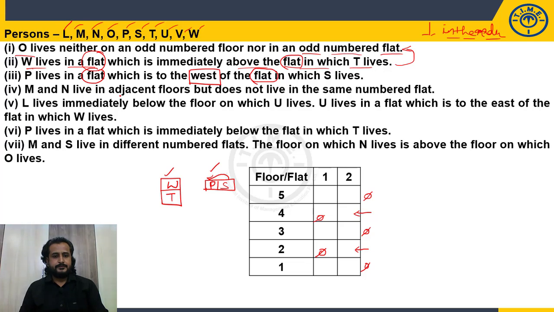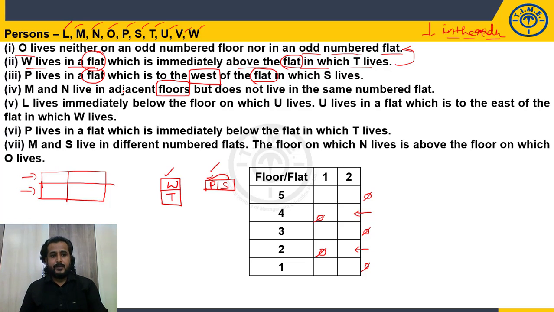M and N live in adjacent floors. Okay, M and N live in adjacent floors. It is given in terms of floors, but they do not live in the same numbered flat. Okay, let us understand what this statement is. Let me draw the two floors. So I am drawing the two floors here. Okay, two floors.